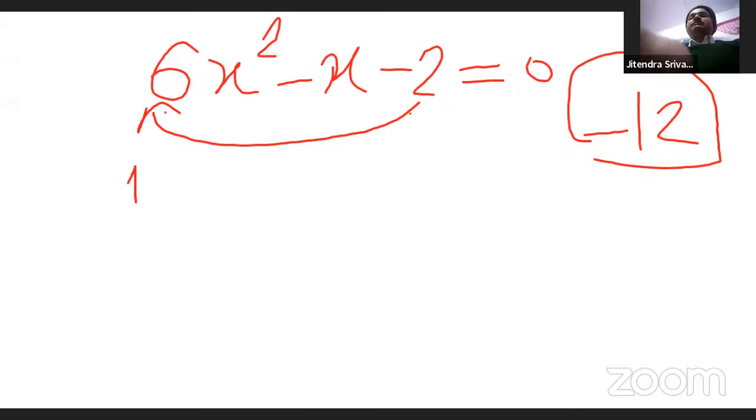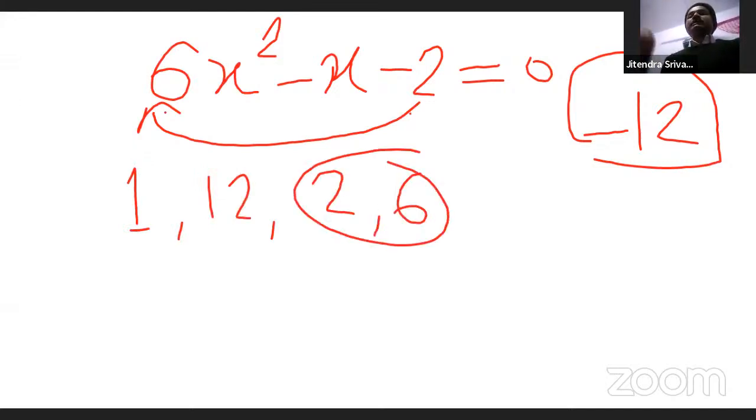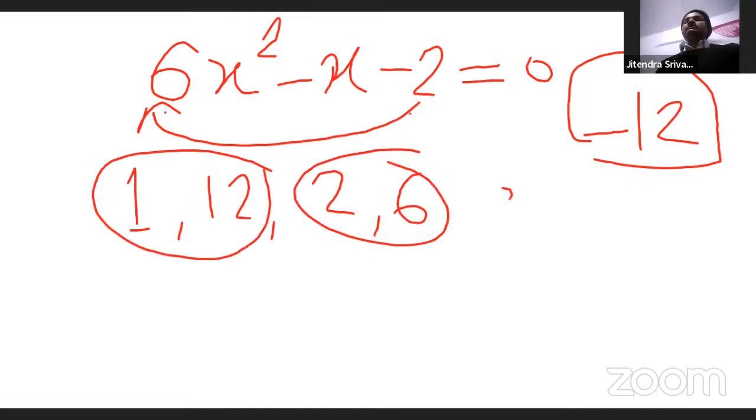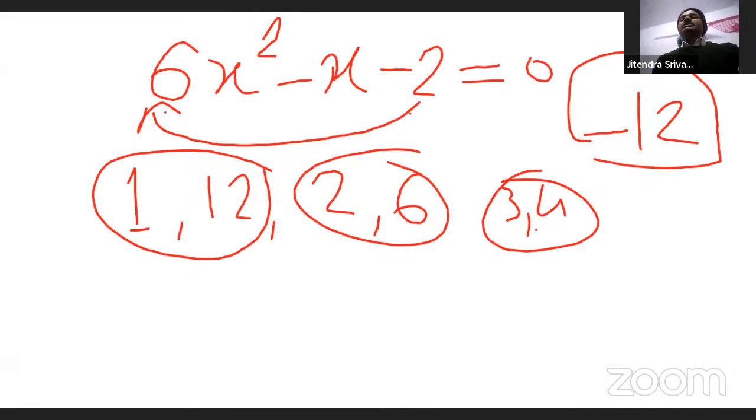We can see 1 is multiplied by 12 or 2 is multiplied by 6. We are getting these numbers as a pair. 3 is multiplied by 4. So we are getting 3 pairs here, but we have to check in which pair, if we subtract those numbers, we are getting 1 as the answer.